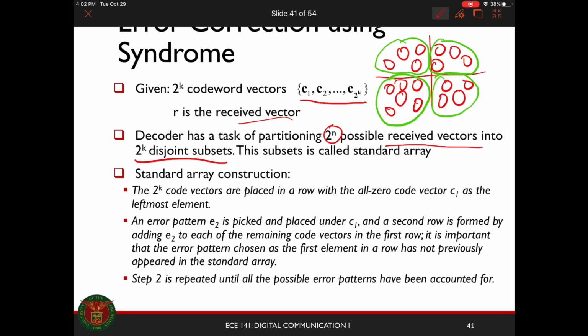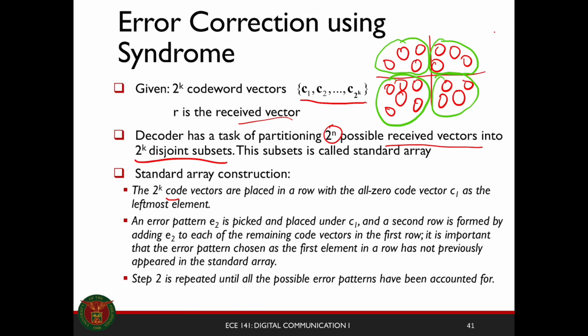So, the array construction. Your 2 to the k code vectors are placed in a row with the all-zero code vector as the leftmost element. Some error pattern e2 is picked and placed under the leftmost element, and a second row is formed by adding e2 to each of the remaining code vectors in the first row. It is important that the error pattern chosen as the first element in a row has not previously appeared in the standard array.